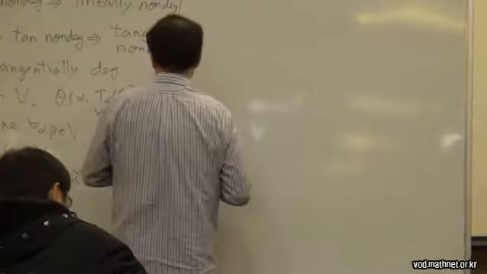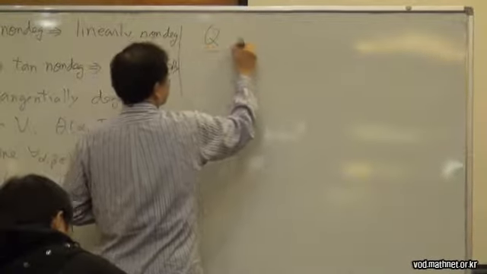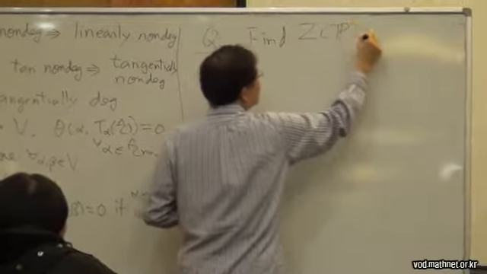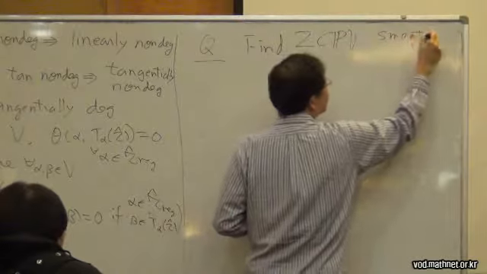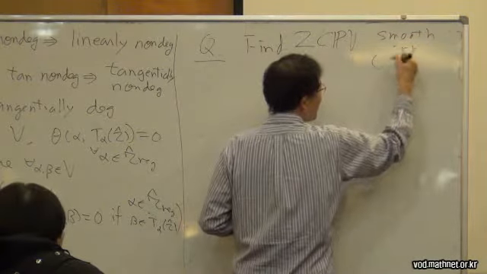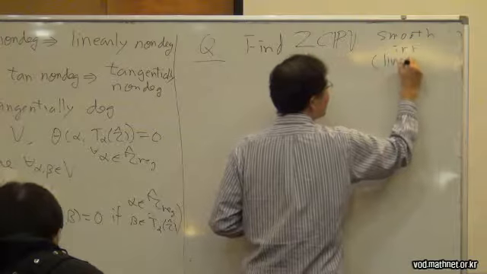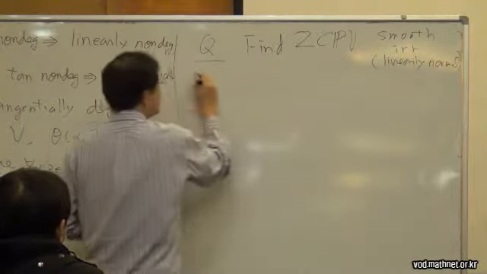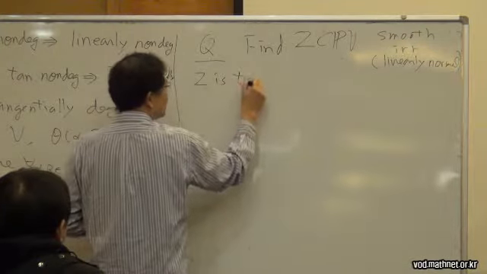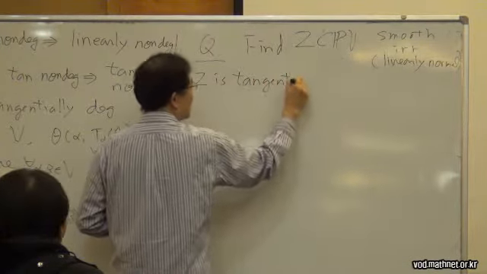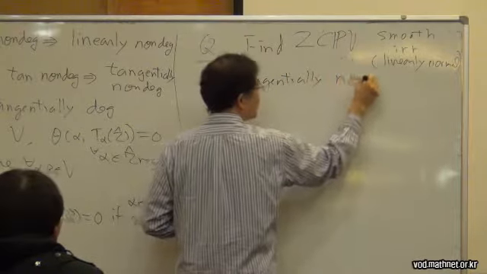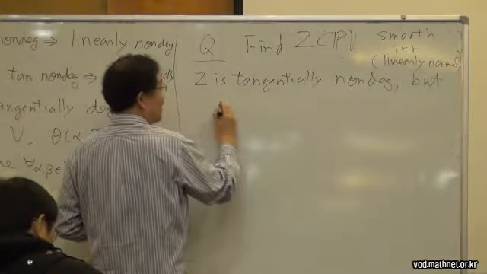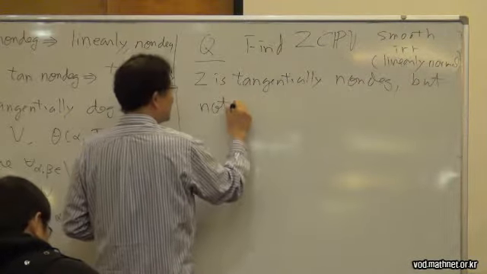Find Z, smooth, irreducible, and, to be better, linearly normal, such that Z is tangentially non-degenerate but not strongly.